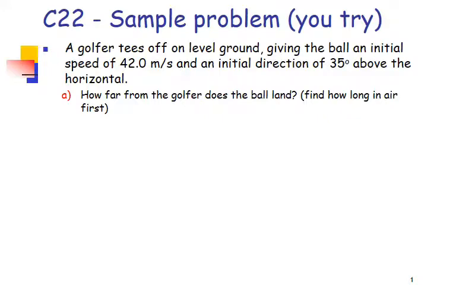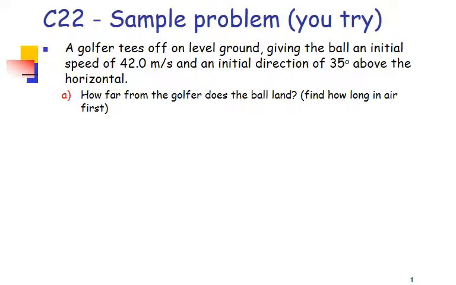So I'll have you try this one here. We have a golfer teeing off, hitting the golf ball at a speed of 42 meters per second. The initial direction is 35 degrees. We want to figure out how far from the golfer the ball lands. We're going to need to figure out first how much time it's in the air.